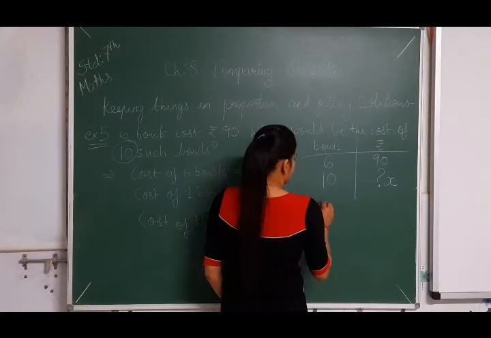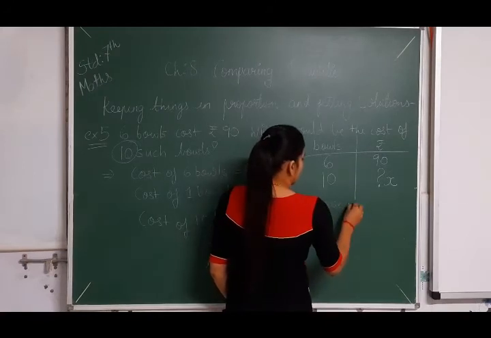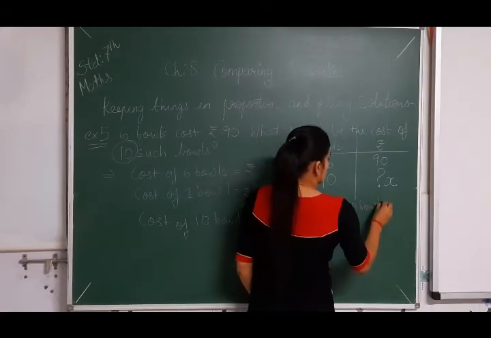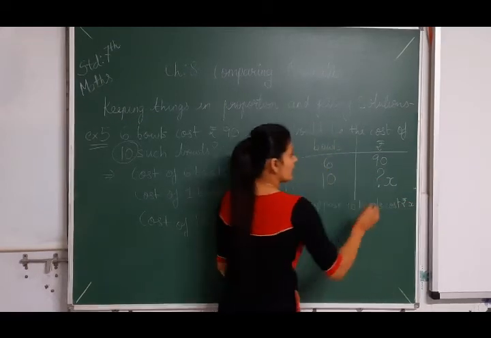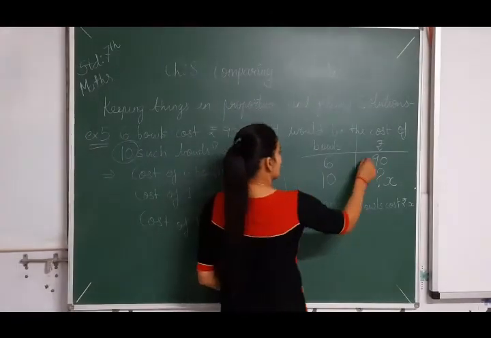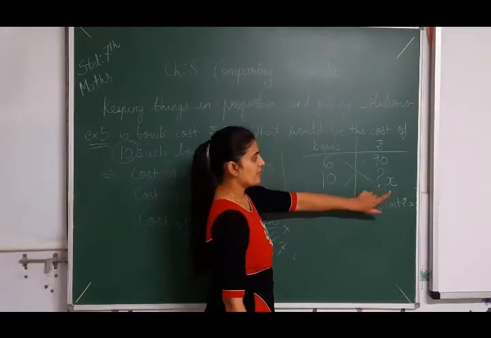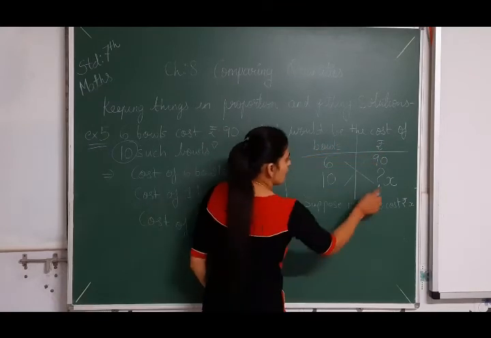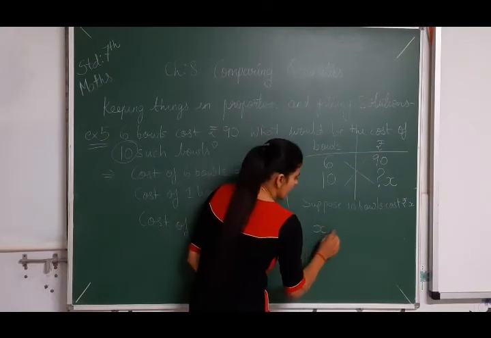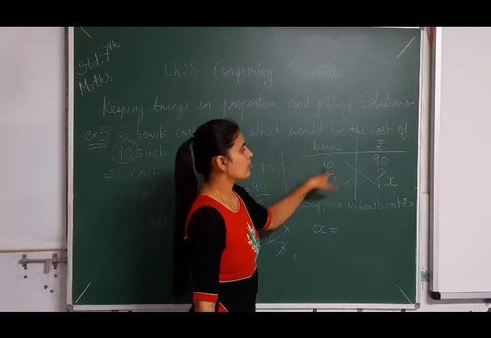So suppose 10 bowls cost rupees x. Now here what will we do? We will do cross multiplication. Here 10 and 90 both we are having. What we have to find out? x. So x we will write down first is equal to. Now cross multiply.